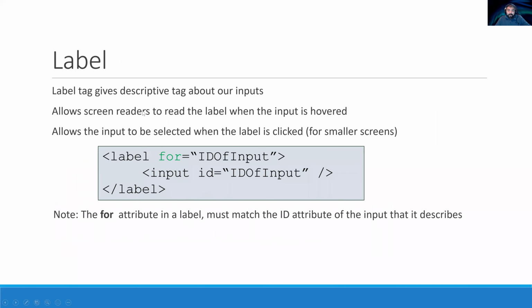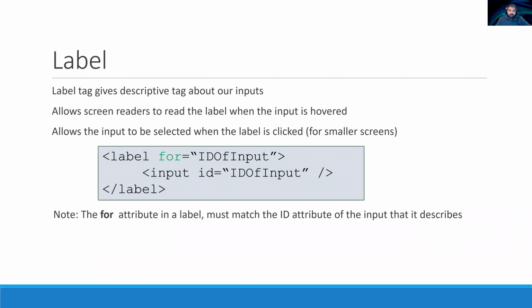Now, whenever we're dealing with anything on a form, we want to make sure that our forms are accessible, that everyone can use it. All right. So what we're going to do is include something called the label tag. The label tag pretty much associates a piece of text or content with an element on your form.